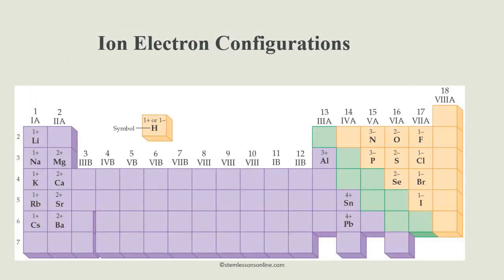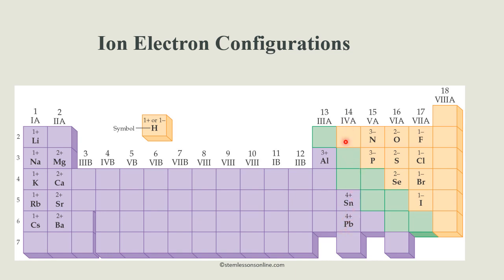And now we can predict the charge on the ion of an element from its position on the periodic table as well. All the first group will have +1 charge, second group +2 charge, 13th group, mainly we are dealing with aluminum, so only aluminum is shown here, +3, and 14th, tin and lead, 4+.